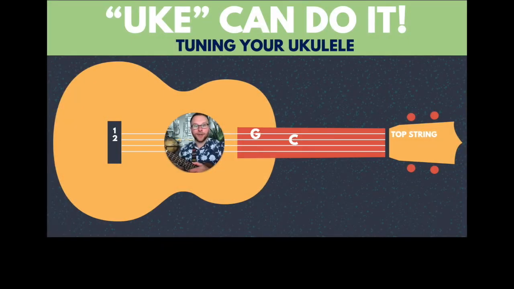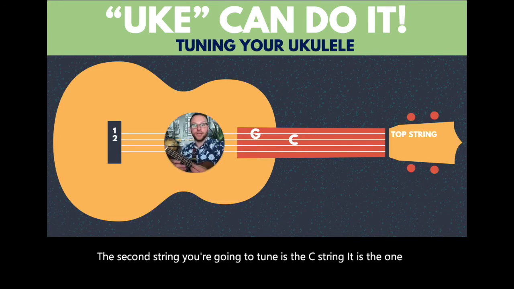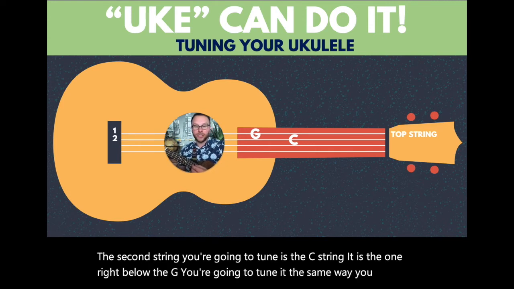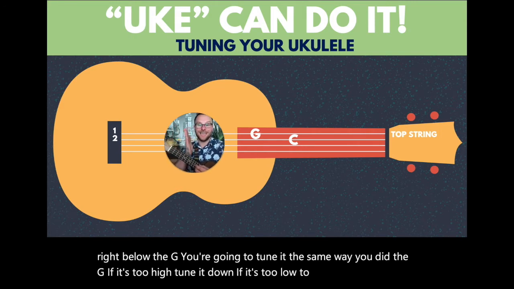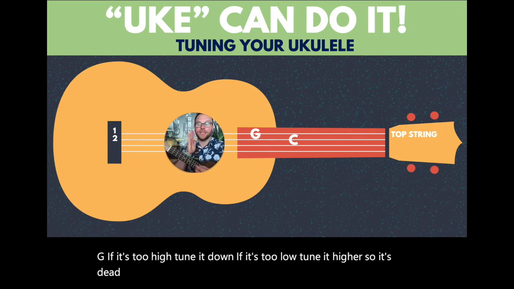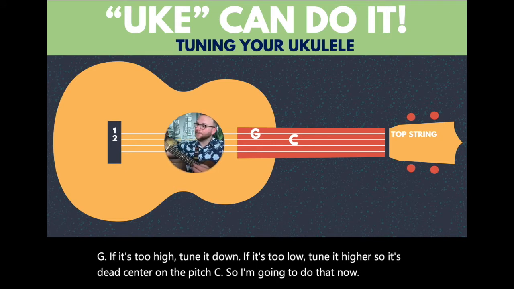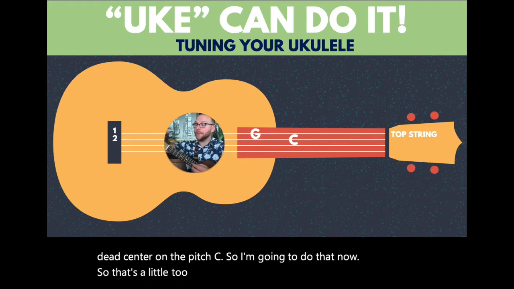The second string you're going to tune is the C string. It is the one right below the G. You're going to tune it the same way you did the G. If it's too high, tune it down. If it's too low, tune it higher so it's dead center on the pitch C. So I'm going to do that now. So that's a little too high, so I'm going to tune it back down so it's dead center.